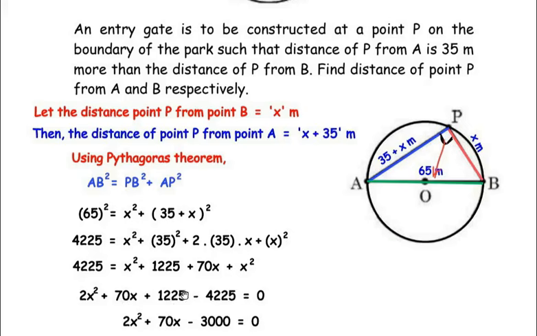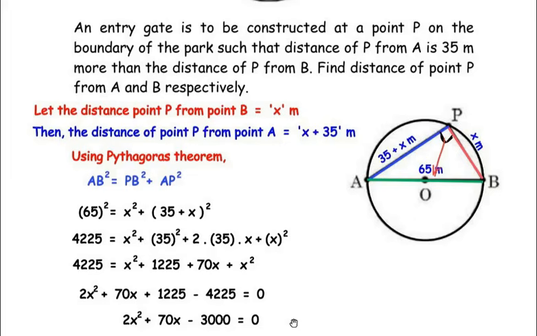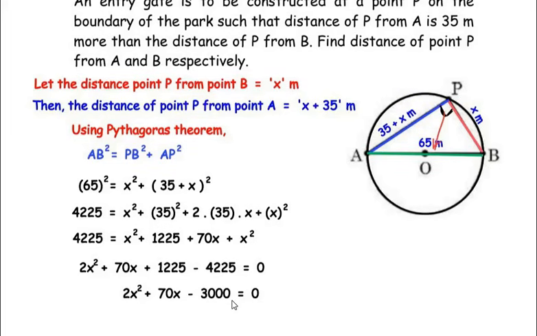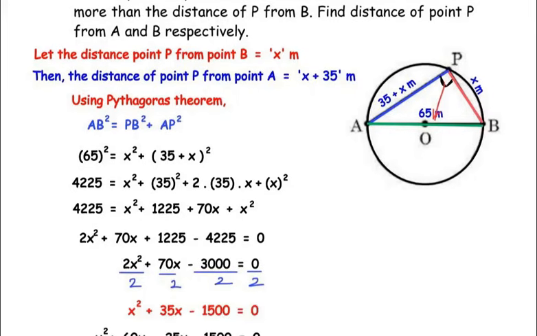Now the difference between these two numbers gives us minus 3000 equal to 0. Now here all the three terms are divisible by 2. So we are going to divide 2x square by 2, 70x by 2 and minus 3000 by 2 and 0 also by 2. So here we get our equation as x square plus 35x minus 1500 equal to 0.